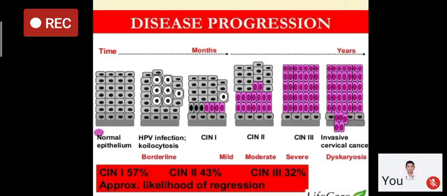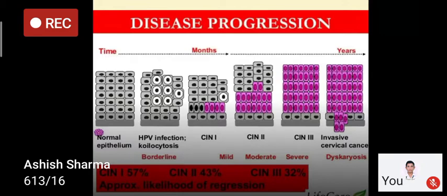So as you know, it is normal epithelium on the extreme left side of your slide. Then HPV infection occurs, which is seen as koilocytosis. If we do a cervical smear and the lower one third of mucosa is involved, then it is known as CIN1. Then CIN2 and CIN3, moderate disease, the lower two-thirds is involved.